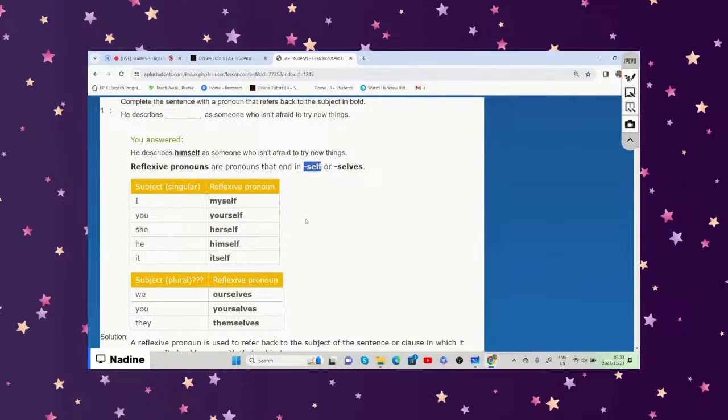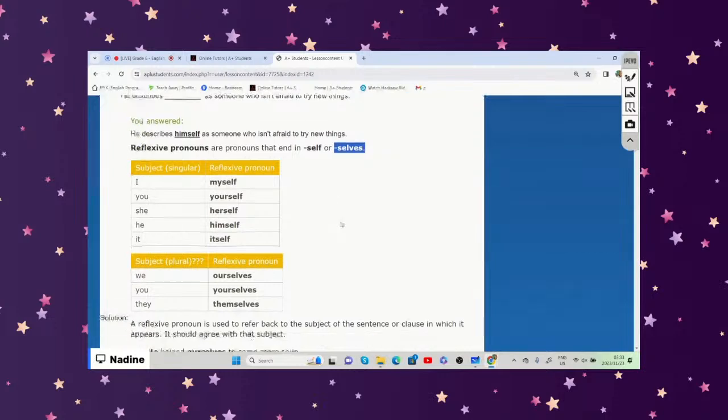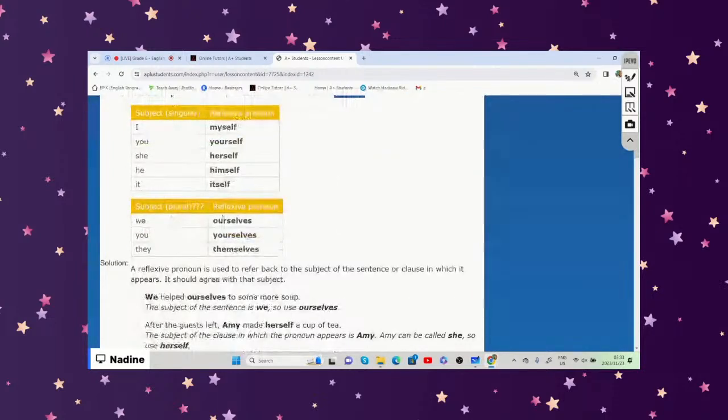Now, when we use selves, we refer to a plural form. So a plural subject would be maybe we, and we refer to the reflexive pronoun as ourselves. You, and here we see the you in the plural form, the plural subject you, is yourselves.